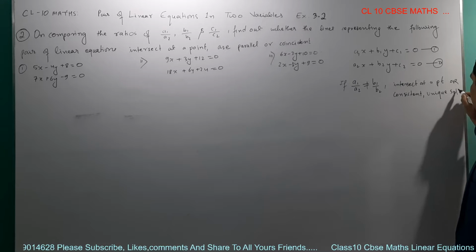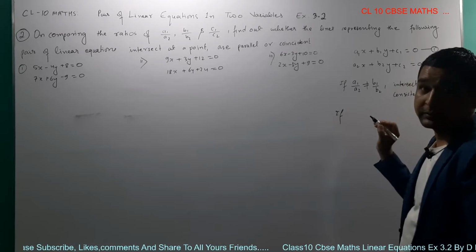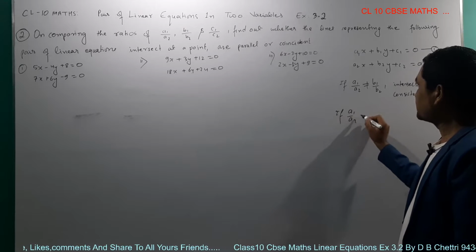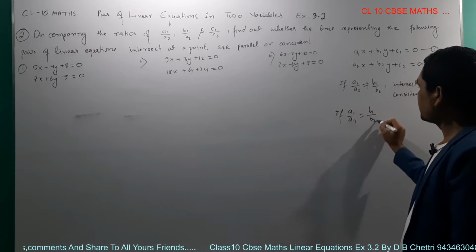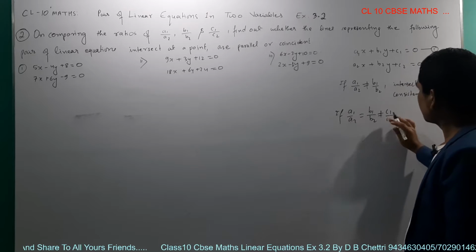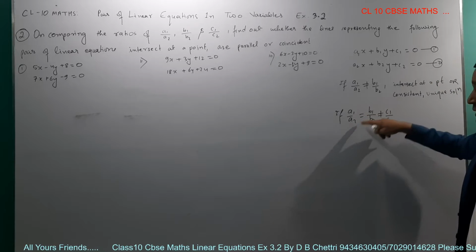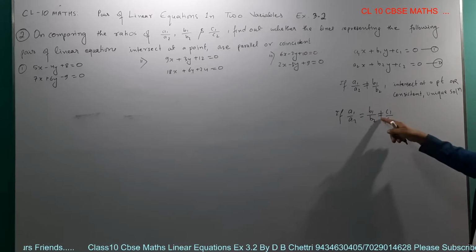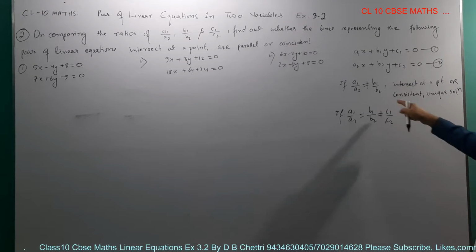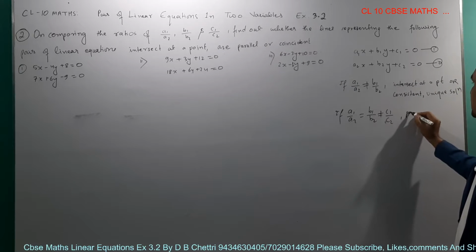Then, if the ratios are like this, a1 by a2 is equal to b1 by b2, but not equal to c1 by c2, that means the ratio of a1 by a2 and b1 by b2 is the same, but it is not the same as c1 by c2, then the equations are called parallel lines.